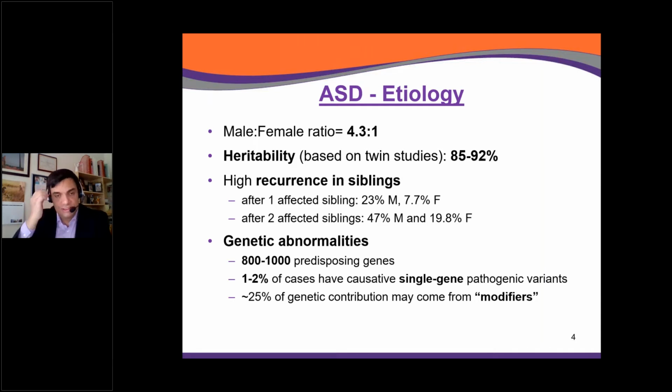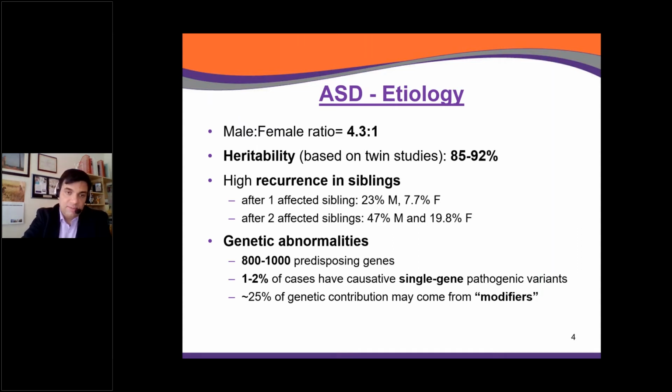And in fact, genetic abnormalities have been largely described in the cohorts of individuals affected with this disorder. There are about 1,000 genes that have been associated to different degrees with ASD, but only 1 or 2% of cases have causative single gene pathogenic variants, which means that individual sequence variants that are well classified as pathogenic, therefore causative of the disease, in just one gene have been described in a very, very small percentage of individuals with ASD.